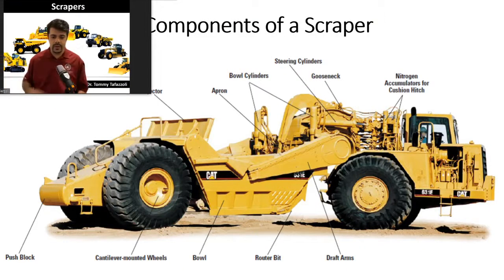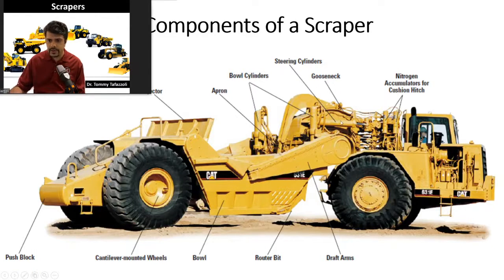So the components of a scraper are shown here. The bowl is the part in which the earth is accumulated. This is the engine, the front part. The gooseneck is here.